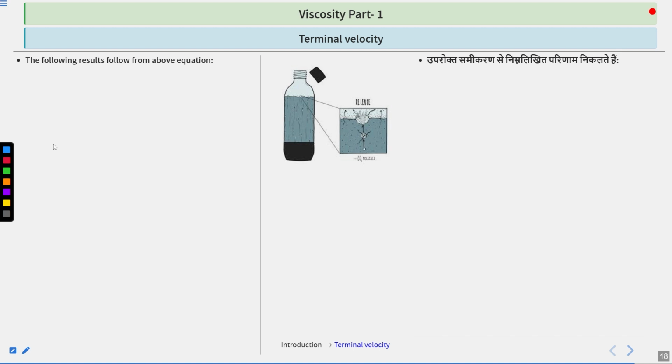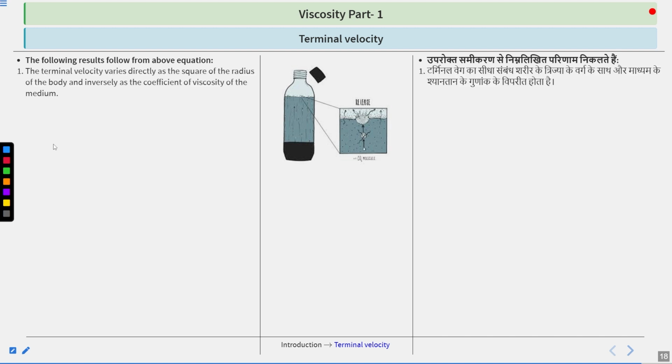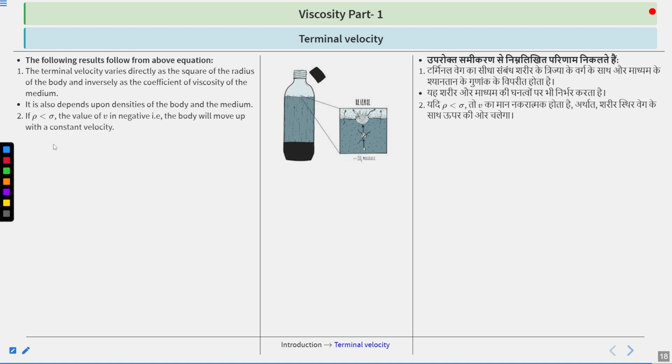The following results follow from the above equation. The terminal velocity varies directly as the square of the radius of the body and inversely as the coefficient of viscosity of the medium. It also depends upon the densities of the body and the medium.